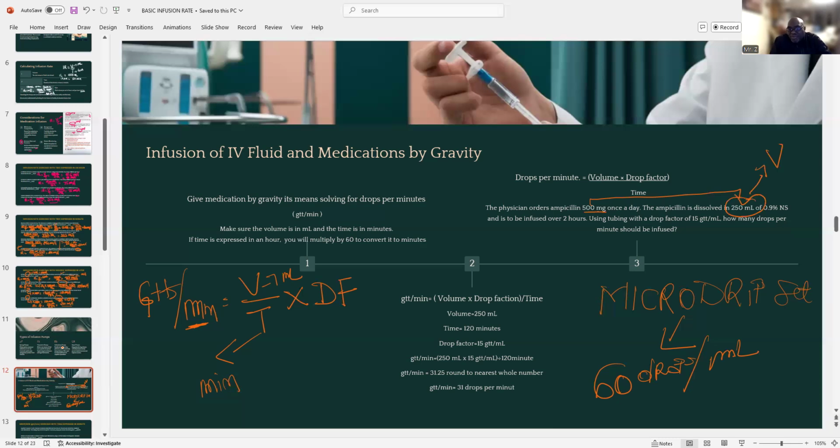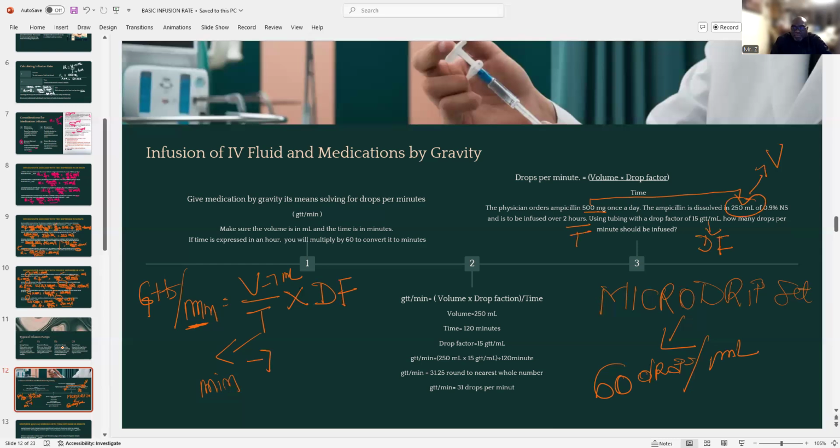To be infused over 2 hours, that is your time. Let's say using a tubing with a drop factor of 15. So that is your drop factor. The question now is how many drops per minute? So you know you are looking at drops per minute.